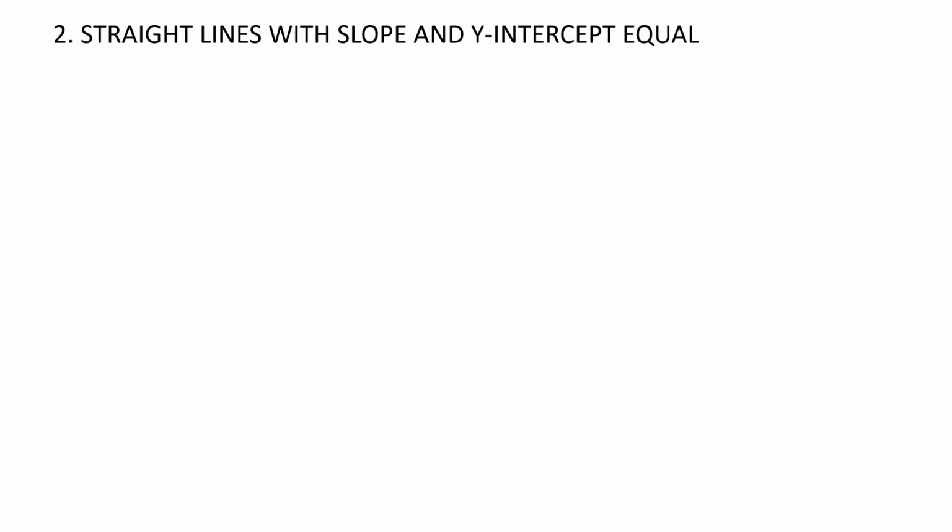Okay. Number 2 problem is straight lines with slope and y-intercept equal. So, for our y-intercept, this is y is equal to mx plus b. But since the given is our y-intercept, or our b, is equal to our m, we can substitute m to our b para mas madali.